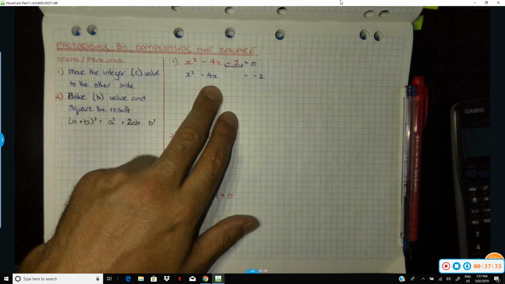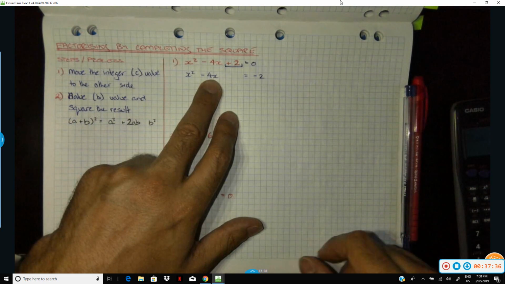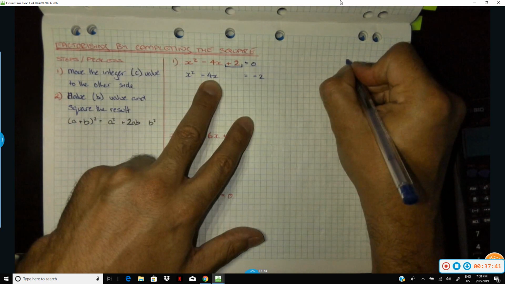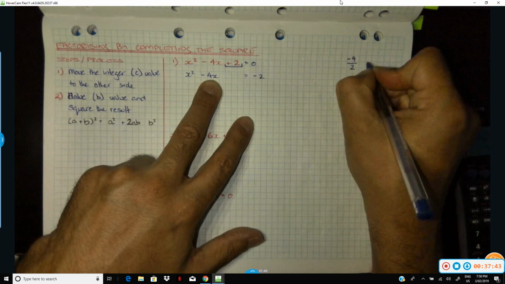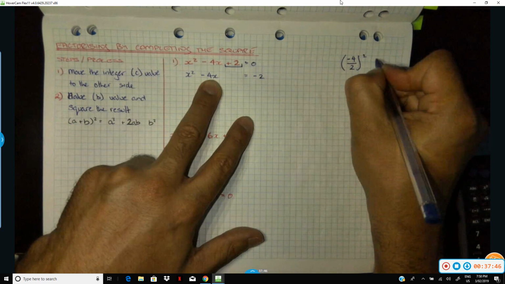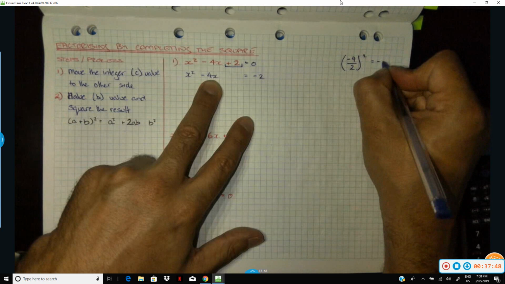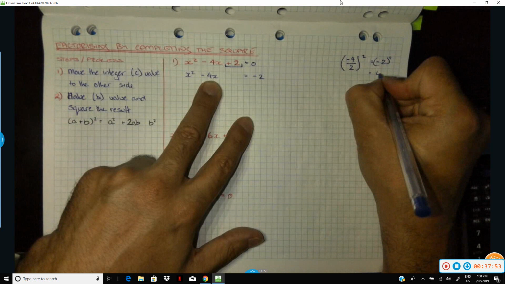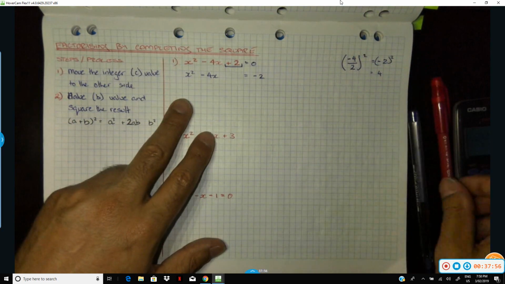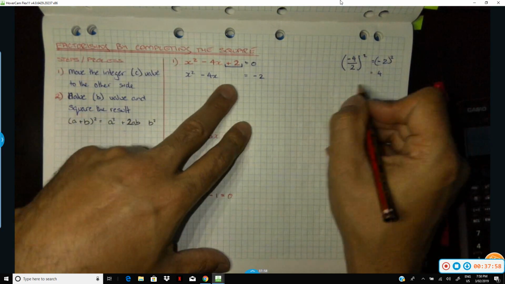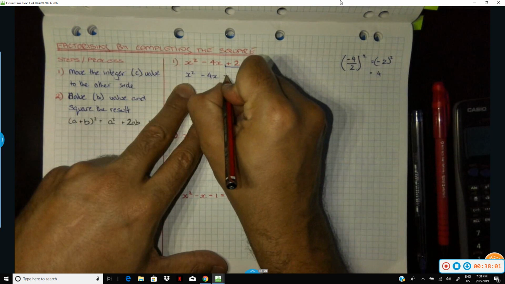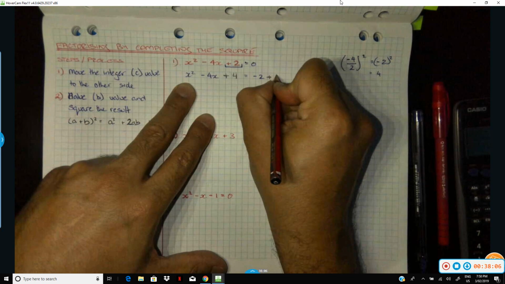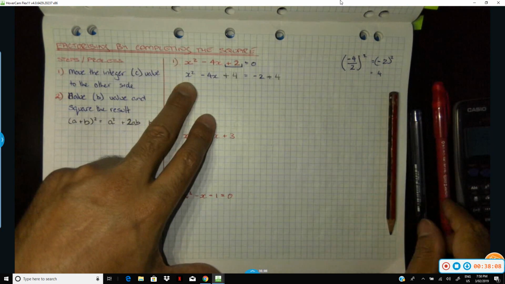So negative 4 divided by 2 is negative 2. Negative 2 squared is 4. Then I'm going to add that 4 to both sides. And that's just to balance the equation.